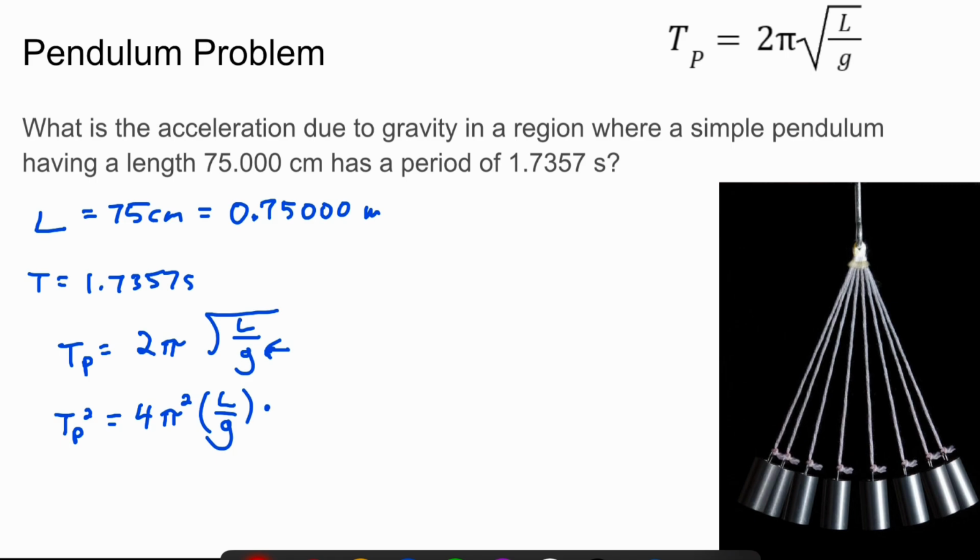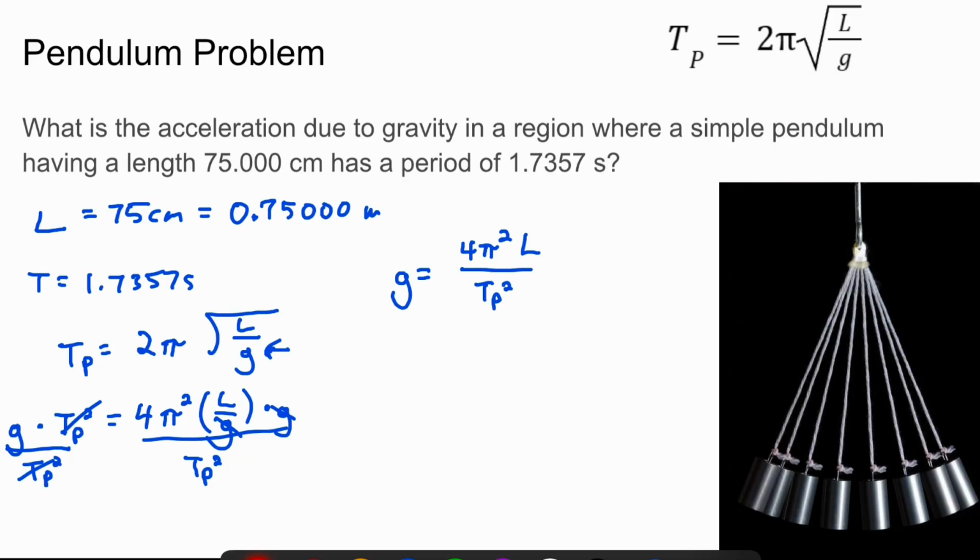And then let's multiply each side by g to get rid of that g in the denominator on the right side, and let's divide each side by the period of the pendulum squared to cancel that out on the left side. And so we end up with the equation that looks like this: g equals 4 pi squared L divided by our period of the pendulum squared.